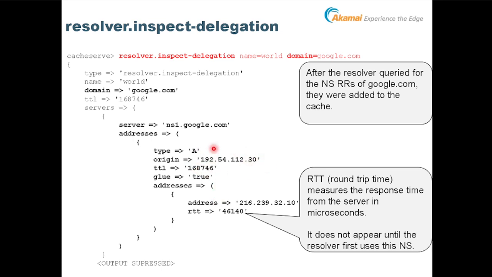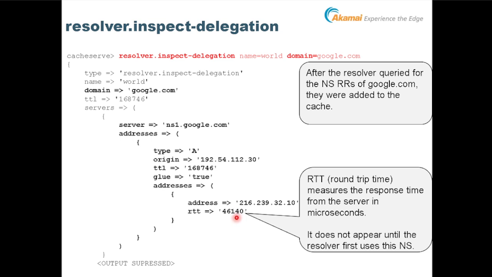If you look up what this IP address is, you'll see it's one of the name servers for .com, or at least it was when this slide was prepared. The other thing that you see here, so here you got the address, this is the address of ns1.google.com, and you got this other piece of data here, which is the round trip time.